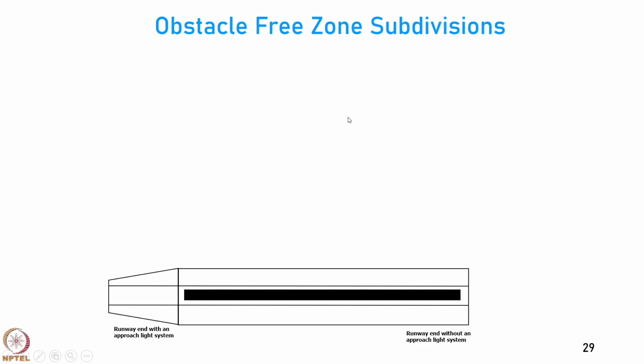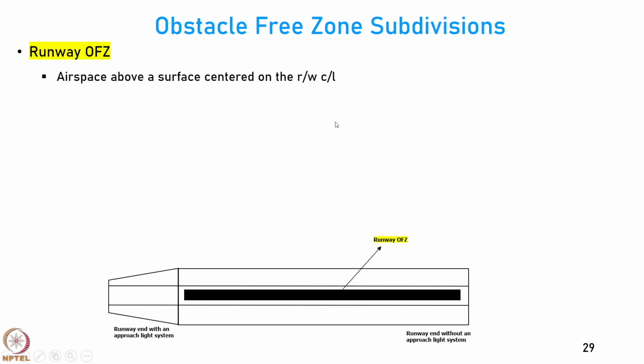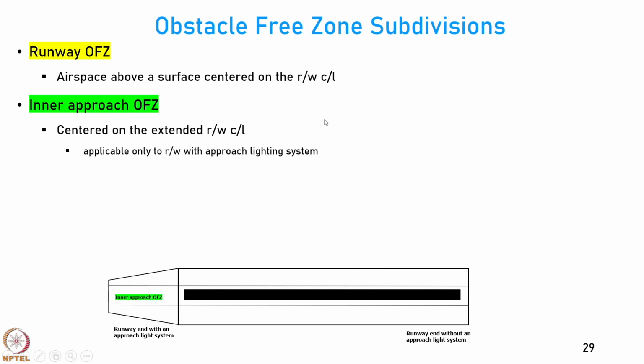Now, the obstacle free zone itself has many subdivisions. The first one is the runway obstacle free zone, which is the airspace above the surface centered on the runway center line. Then we have shown in the green the inner approach OFZ, which is centered on the extended runway center line, and this is only applicable for runway with approach lighting system as shown in this particular figure.